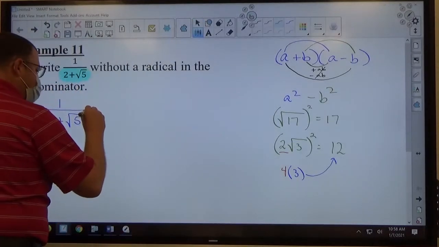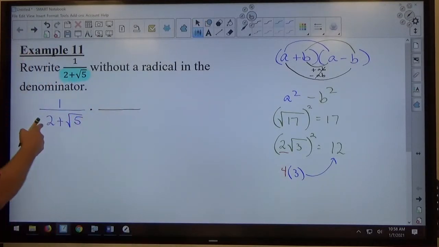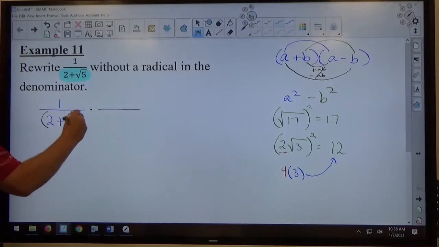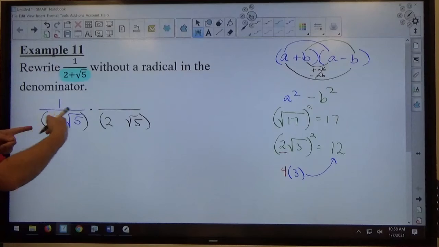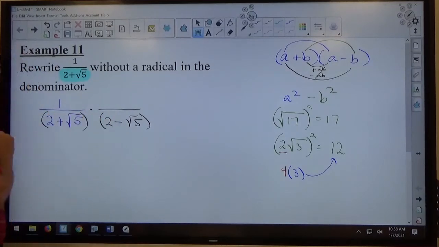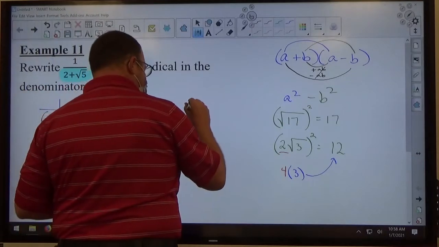We're going to multiply by exactly the same thing as this here, except I'm going to change the sign in the middle. So this is what we have, matching, except plus is minus. For a vocabulary word, that's called the conjugate.